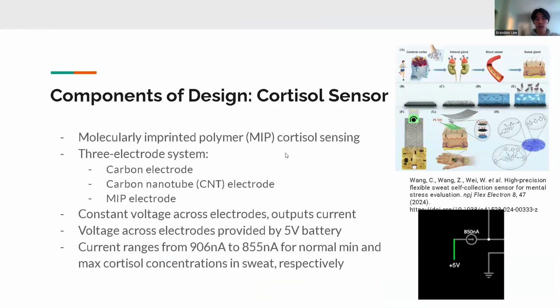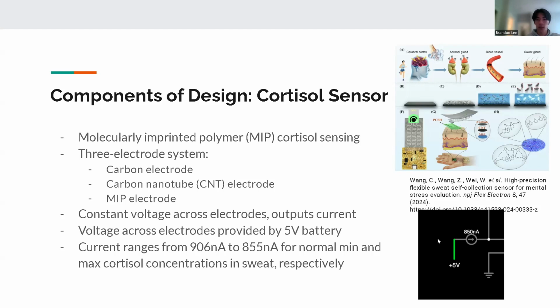Going into further detail, the cortisol sensor that we decided to use is a wearable sensor, which uses molecularly imprinted polymer, or MIP, cortisol sensing, where cortisol in the sweat will react with the MIP layer and determine the current that is outputted. The electrode system consists of three electrodes, which are a carbon electrode, a carbon nanotube or CNT electrode, and a MIP electrode layer.